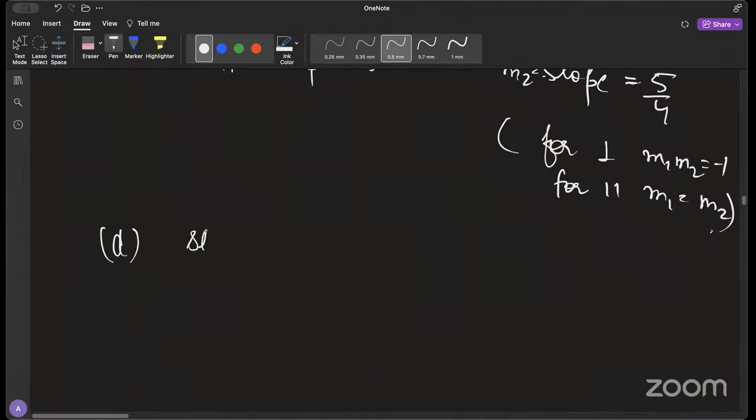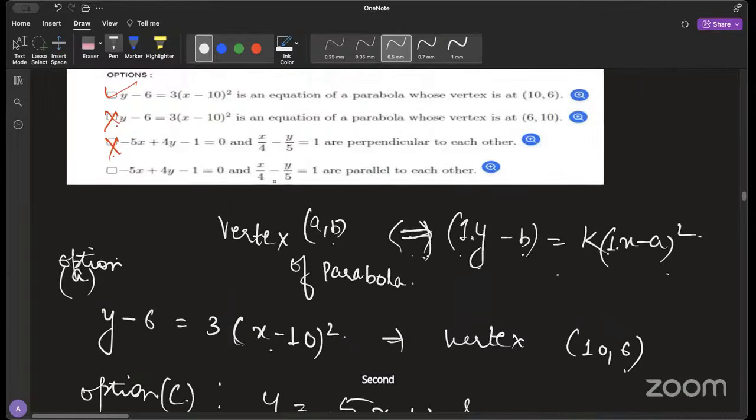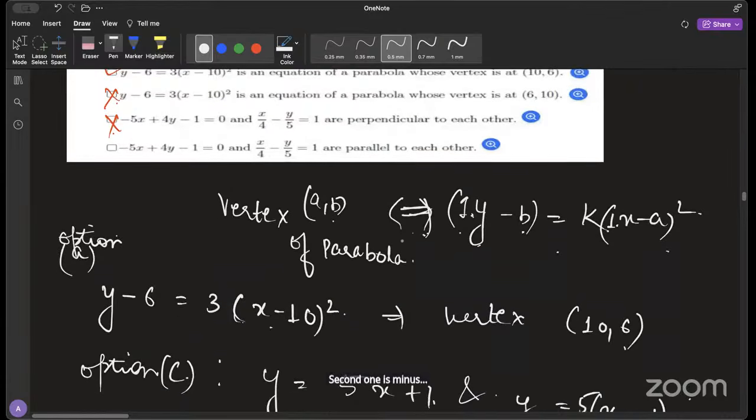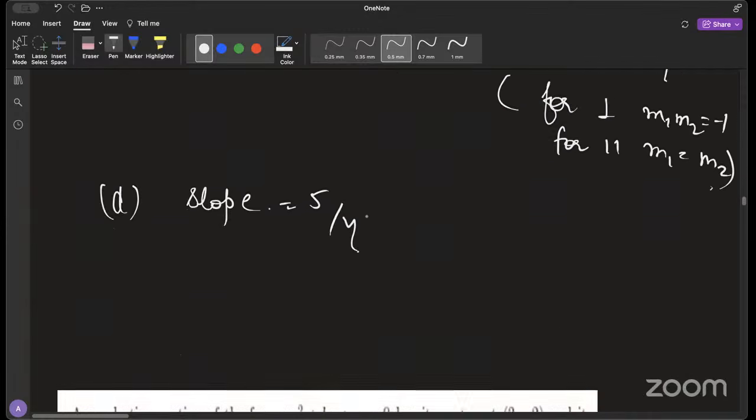Right. So the slope for the first one is going to be 5 by 4. The second one, the slope here is also 5 by 4. Right.